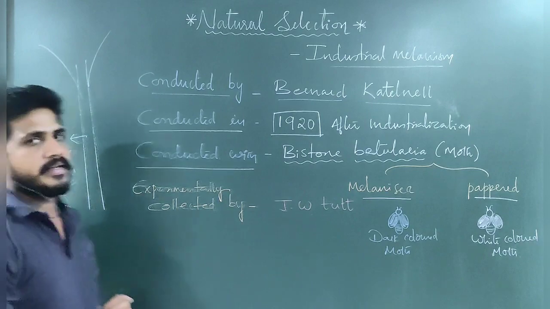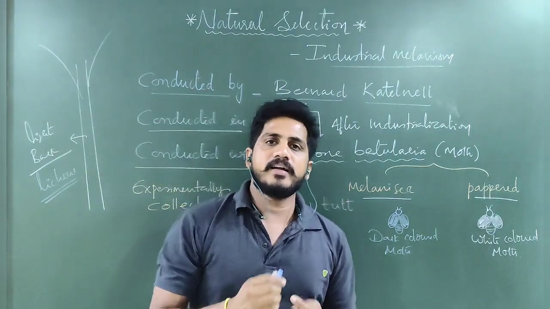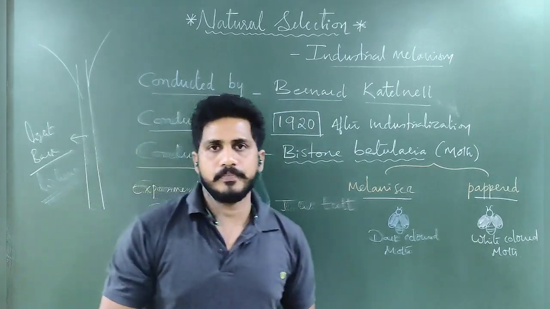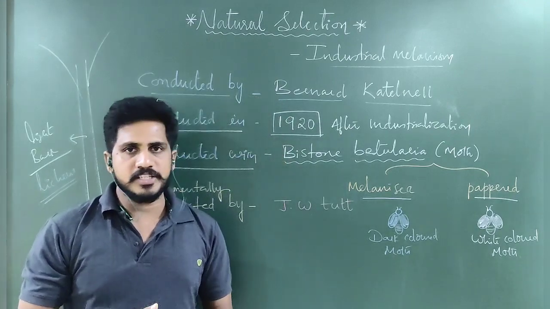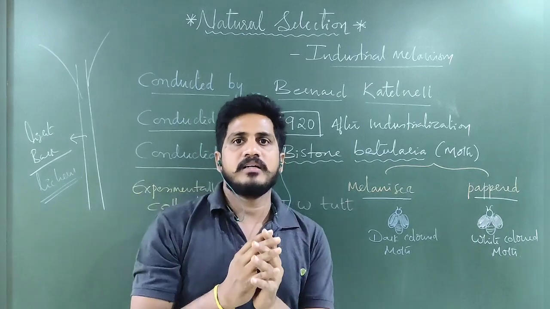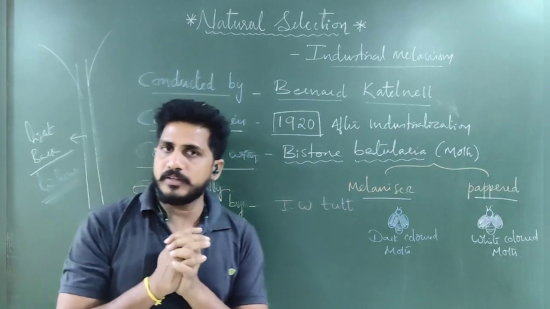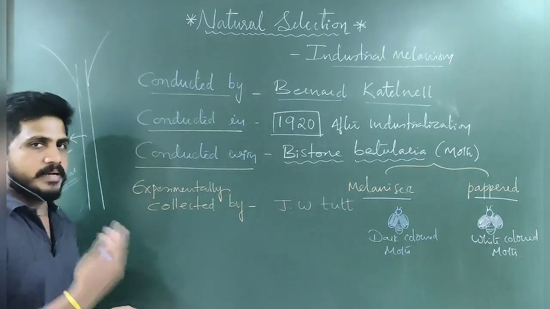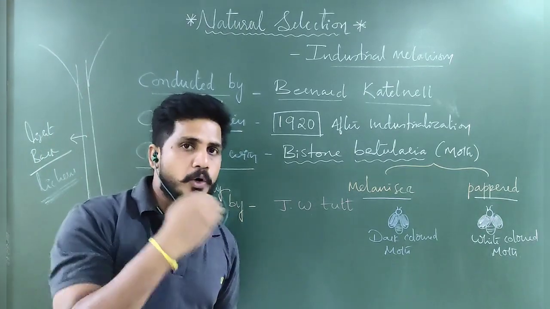Lichens are pollution indicators. Lichens are an association of algae and fungi. Where lichens are there on the trees, that means there was no pollution. When sulfur dioxide and other pollutants are rich in the atmosphere, the tree bark becomes very dark, and because of the sulfur dioxide and all, these lichens die. Due to the absence of lichens, we can predict that there was pollution. When lichens were present, there was no pollution.